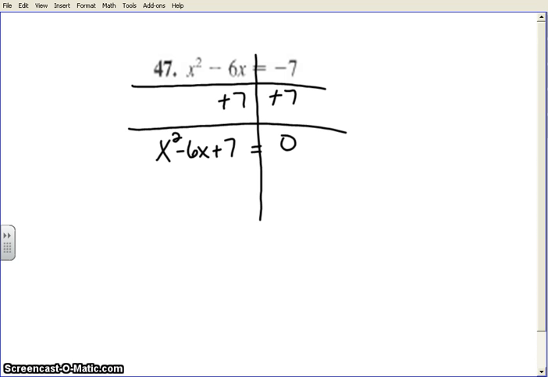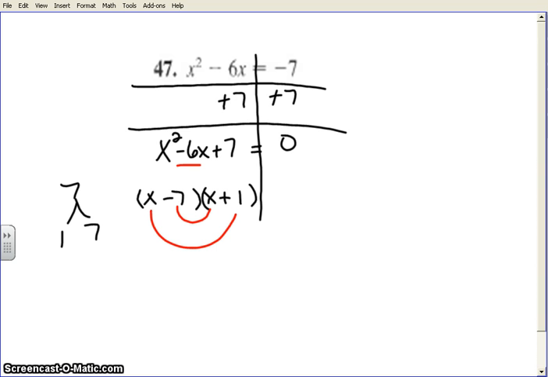What I want to try first is to see if I can factor it. X times x is x squared, and the factors of 7 are 1 and 7. So if I do x minus 7, x plus 1, I'm trying to get the negative 6x in the middle, so negative 7x plus 1x does give me the negative 6x.